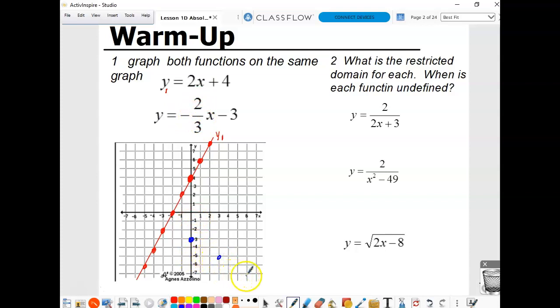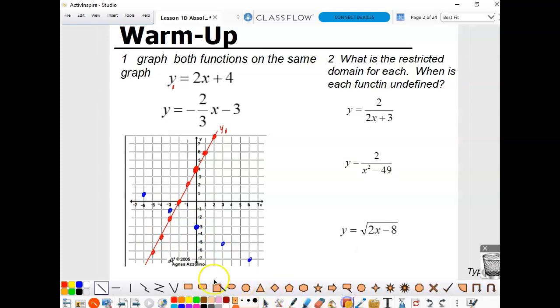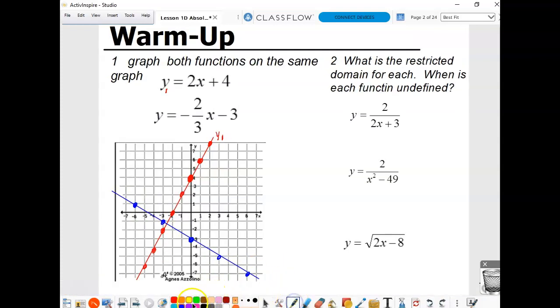And down 2 and over 3. Again, I run out of graph paper, so I reverse and continue the pattern in the opposite direction. Then I connect with a smooth line all the way through the graph paper, and I label this y2. Now we have both on the piece of graph paper. That's all I wanted you to do there, just some practice graphing.